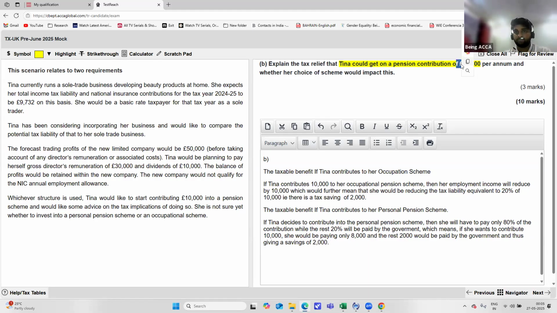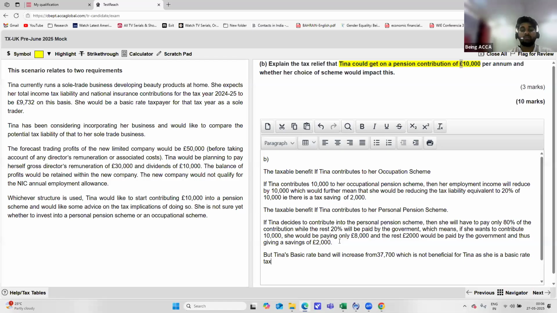Okay. Clear? So, conclusion: Tina's basic rate band will increase from 37,700, which is not beneficial for Tina as she is a basic rate taxpayer.